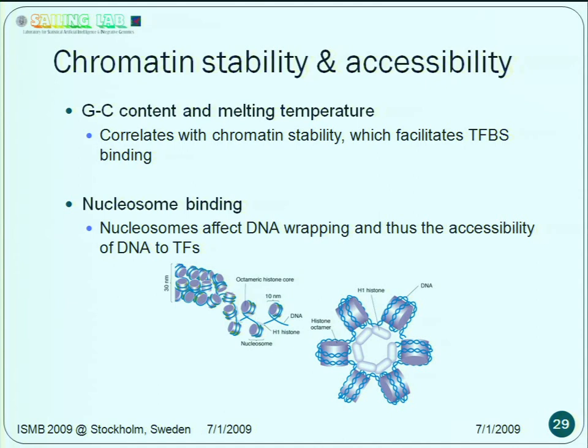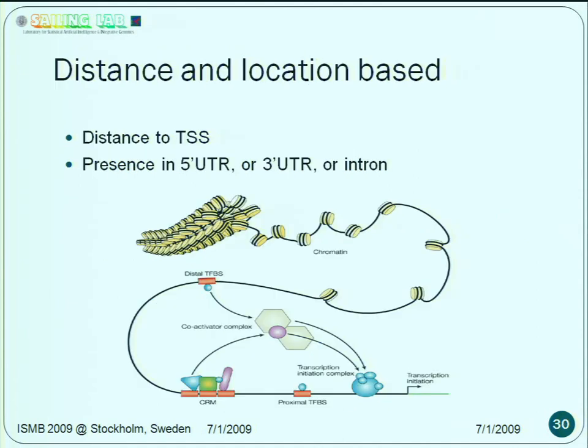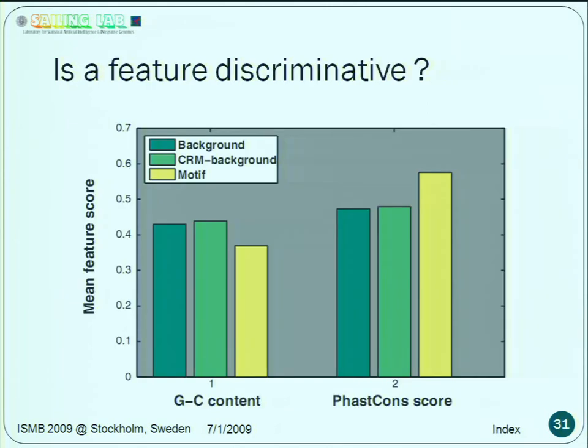Distance and location-based features include distance to the transcription start site, and presence in the 5' or 3' UTR or the intron.